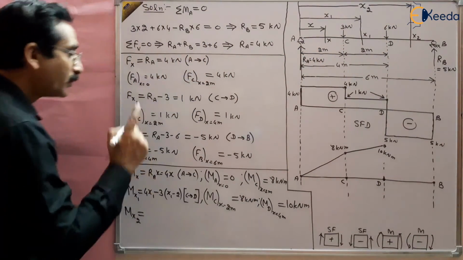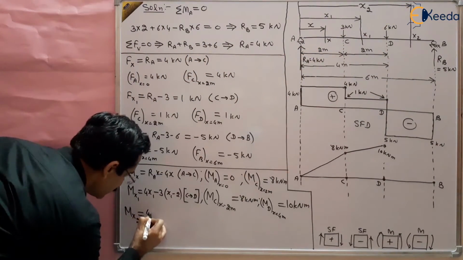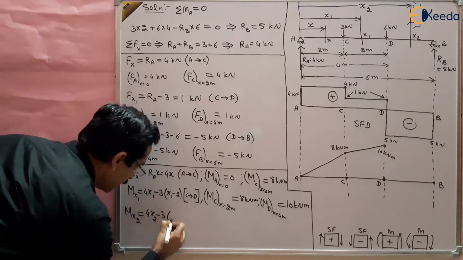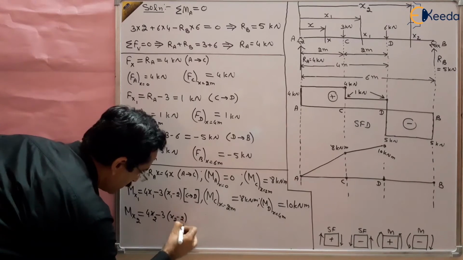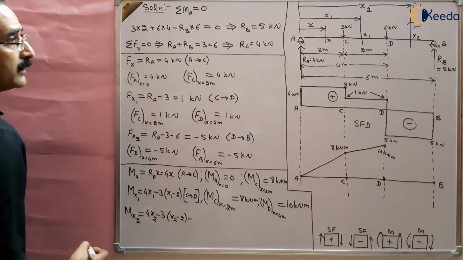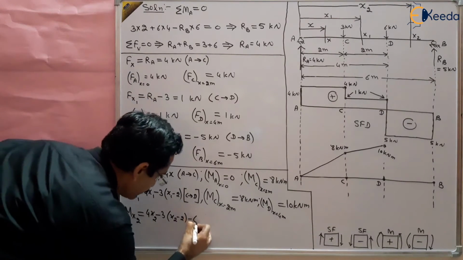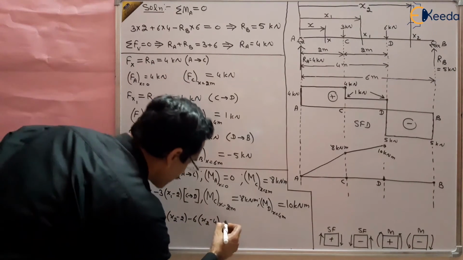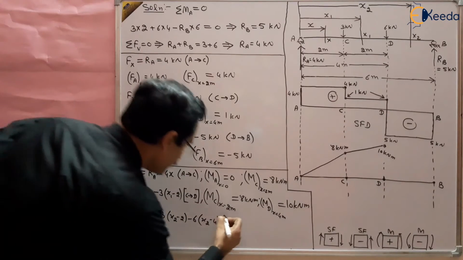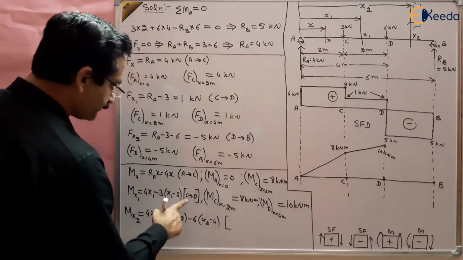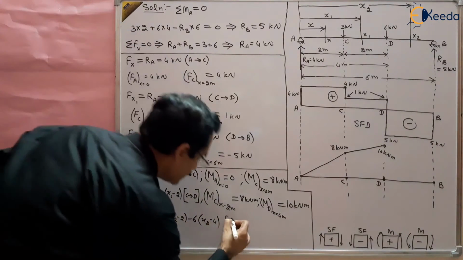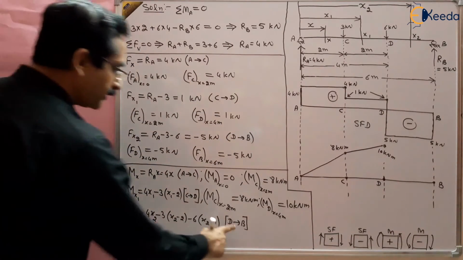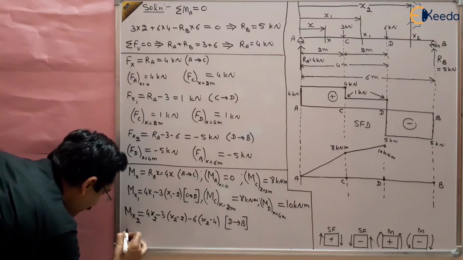So moment of RA, 4x2, which is positive, minus 3 times (x2 minus 2), minus 6 times (x2 minus 4), and it is valid between D to B. But what is the bending moment at D?